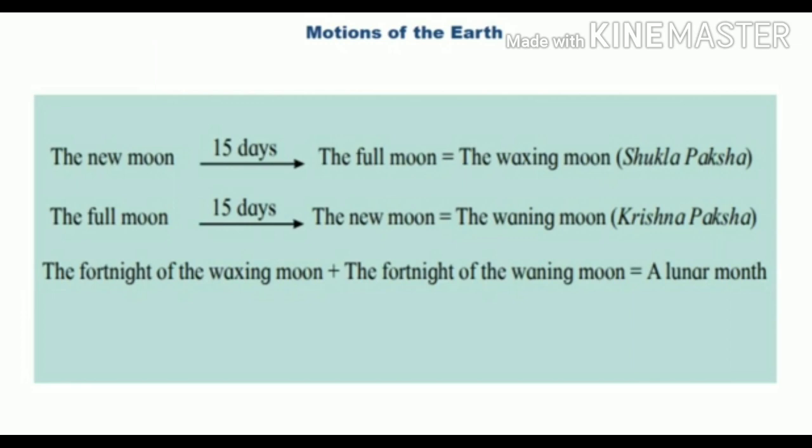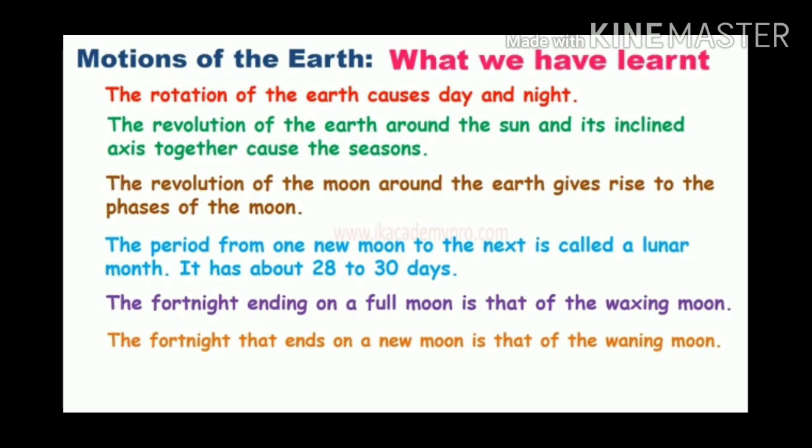And the period from the full moon to the new moon is of 15 days, and this is known as the waning moon, also known as Krishna Paksha in India. The fortnight of the waxing moon and the fortnight of the waning moon together is called a lunar month or the moon month.